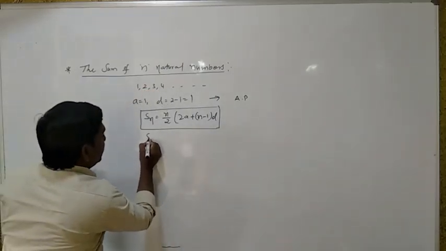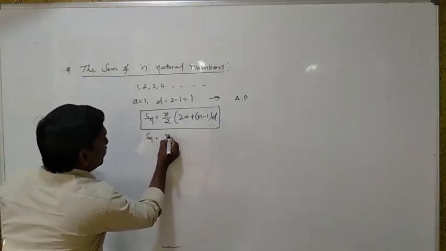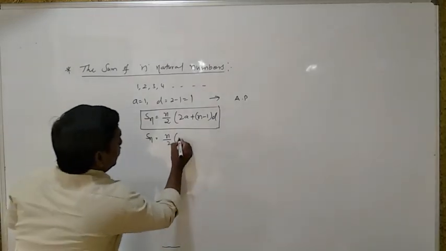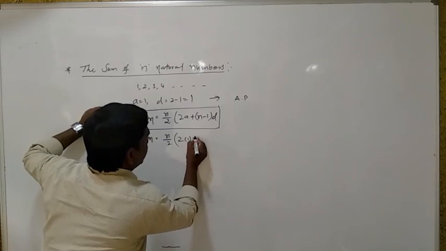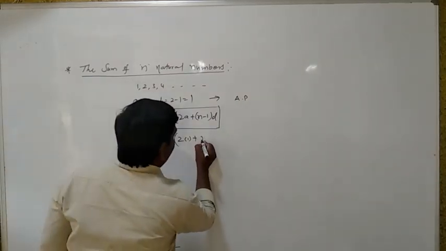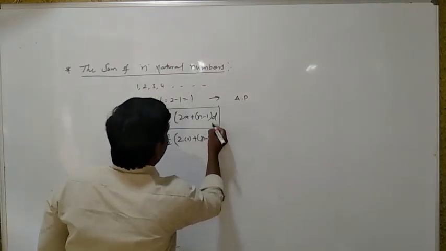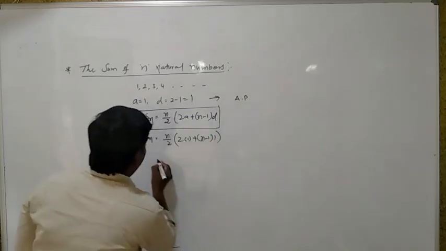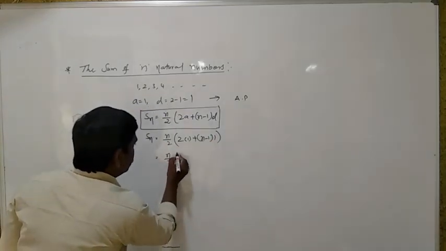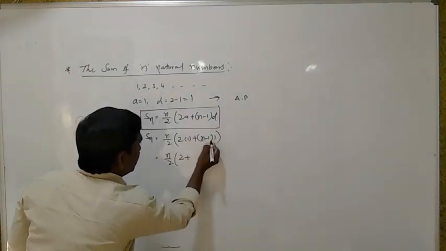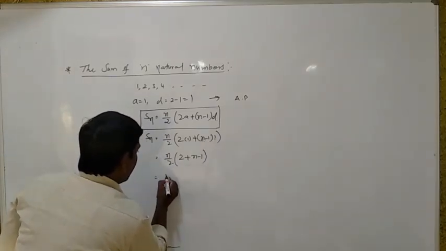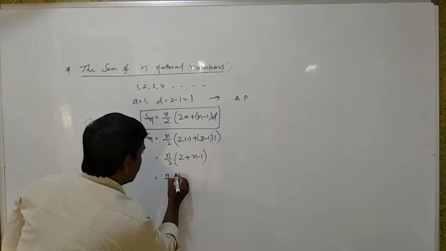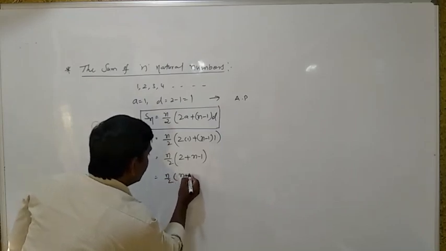Substitute in the formula Sn equal to n by 2. Here a means 1, 2 into 1, and n minus 1 into d, d value 1. Here n by 2, 2 ones are 2 plus n minus 1 into 1, n minus 1, and n by 2 into n plus 1.